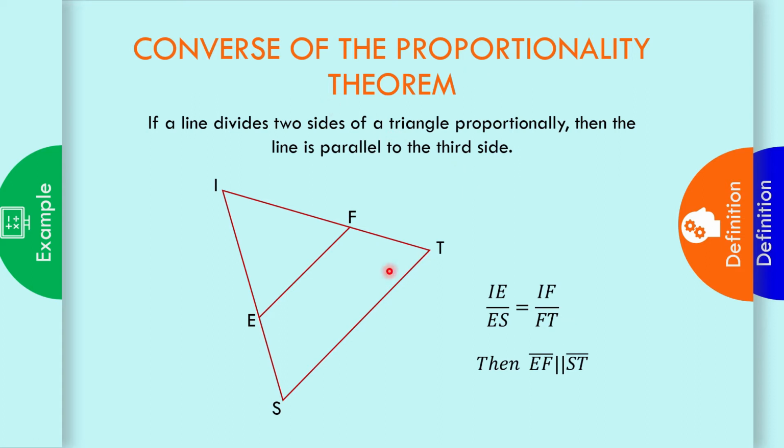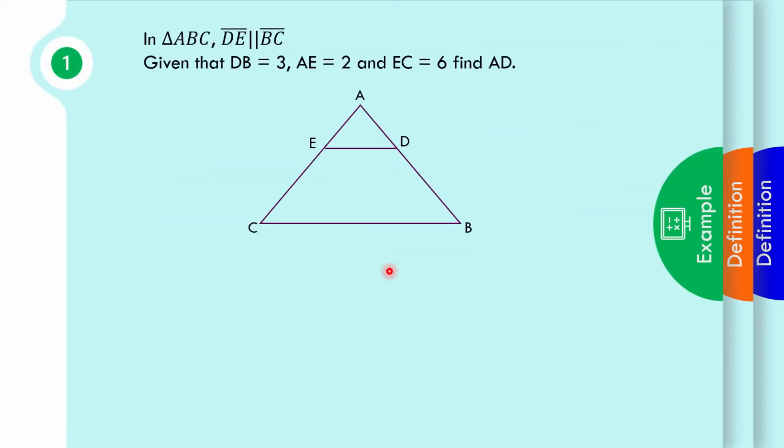So let us have the following examples. Number 1. In triangle ABC, DE is parallel to BC. Given that DB is equal to 3, AE is equal to 2, and EC is equal to 6, let us find the length of AD.